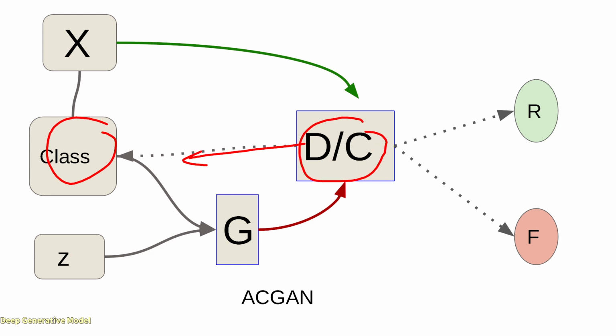We only need to have one more set of output, that is the condition, the class. So it is also a combination of the discriminator and the classifier, or you can see it as sharing the weights of the discriminator and the classifier. The other parts are pretty straightforward. The generator generates an image and sends it to this guy.